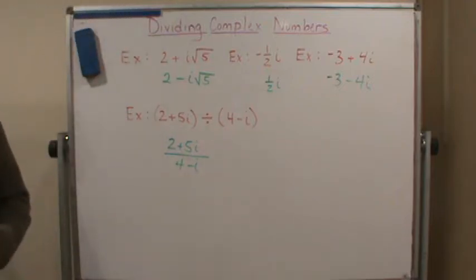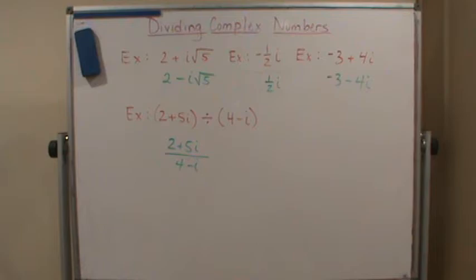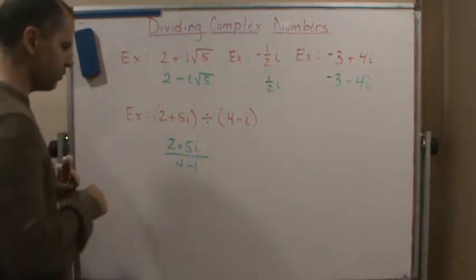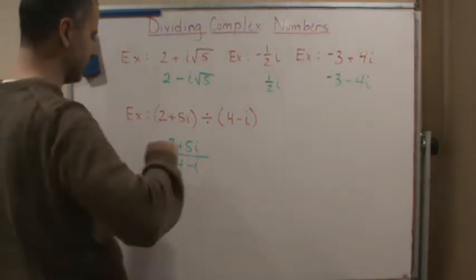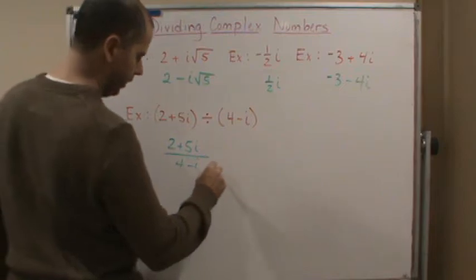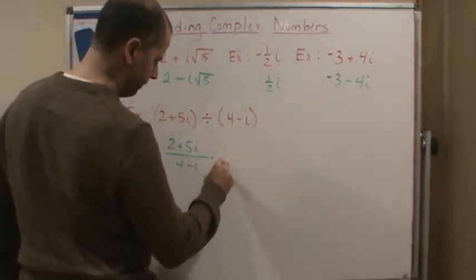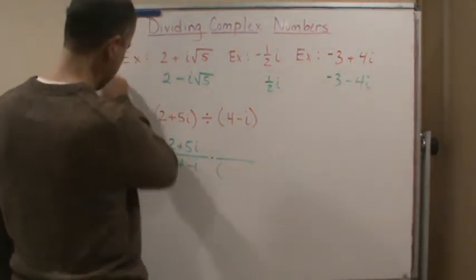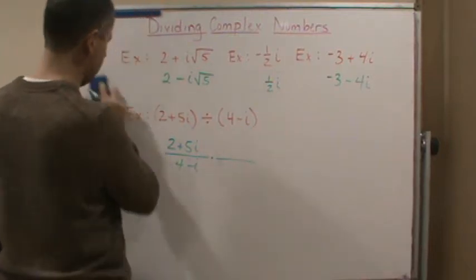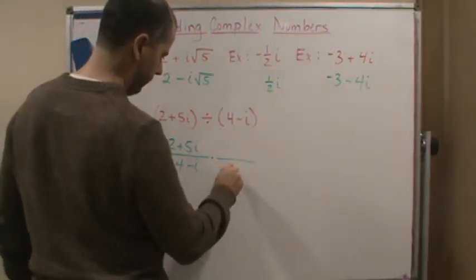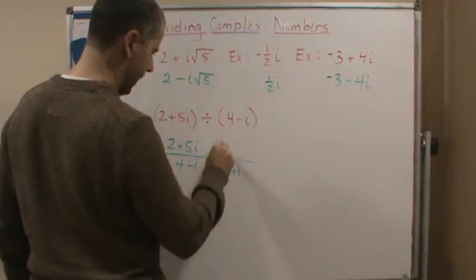What I'm going to do is multiply the top and bottom by the conjugate of the bottom. This is called the complex conjugate. So I'm going to multiply the top and the bottom by 4 plus i.